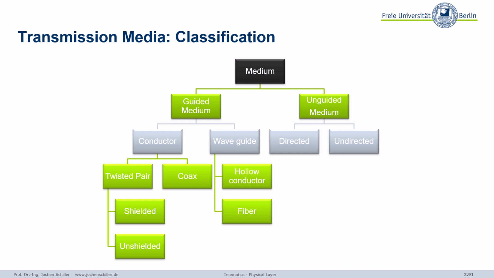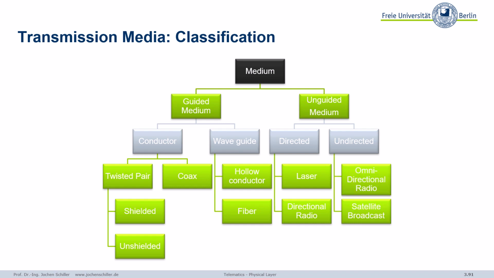For unguided, we can have directed, so this is directional radio, microwave links, for example, or laser to connect different senders and receivers, or undirected, which is then omnidirectional radio if you have an antenna that's not directed, or satellite broadcast, for example, which also can be undirected.